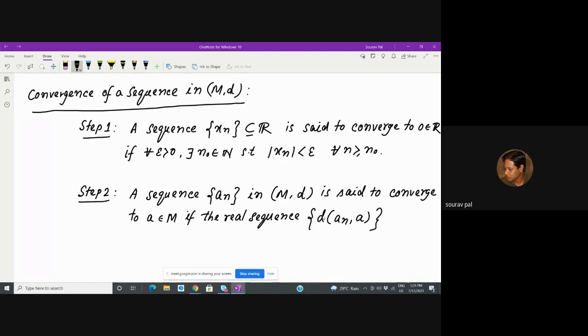Whenever you apply D, if you remember the definition of a metric, this is always non-negative.